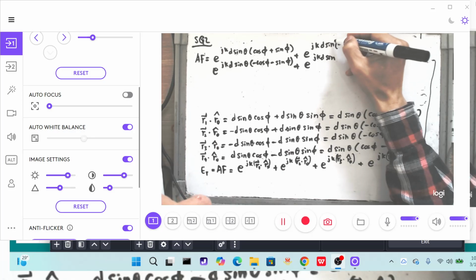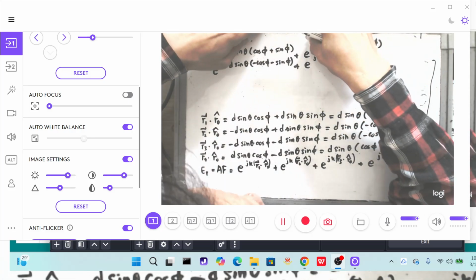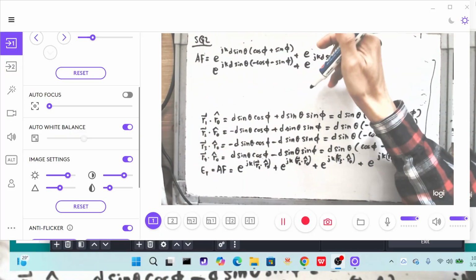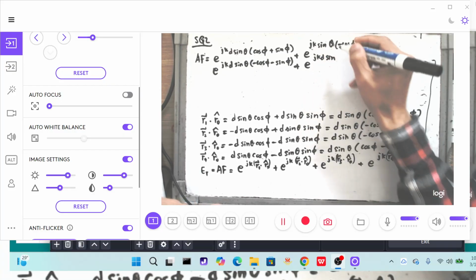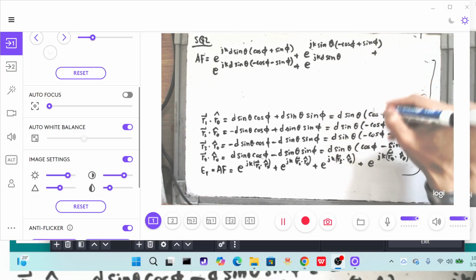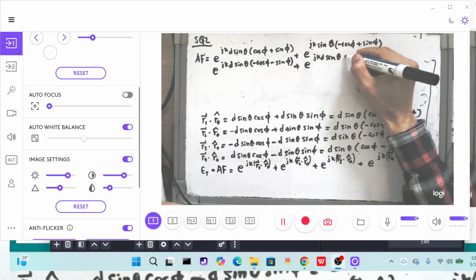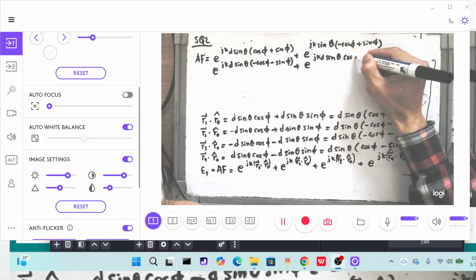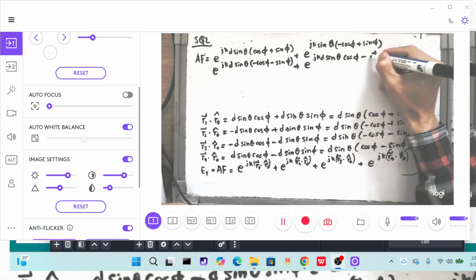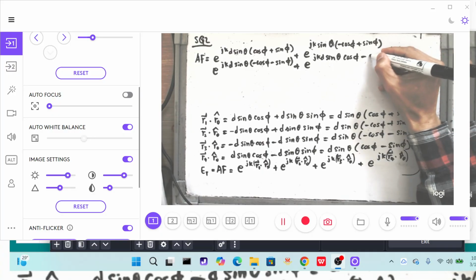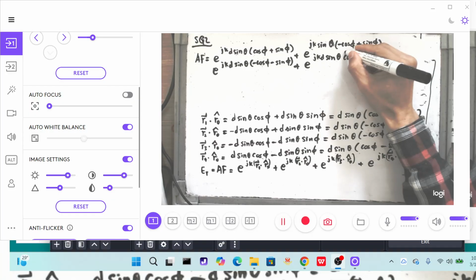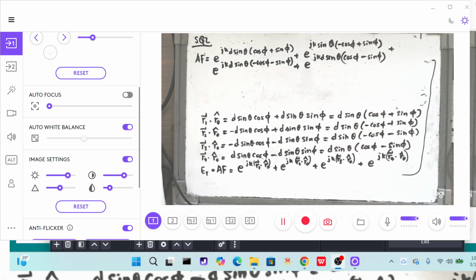By the way, I made a mistake here. I should write J K sine theta, and then cosine phi minus, you have to do it very carefully, sine phi. So this is the whole expression.